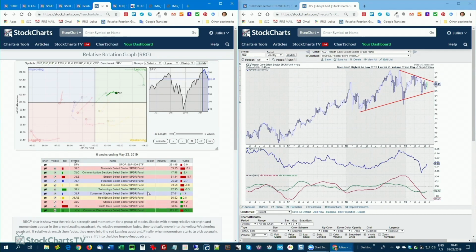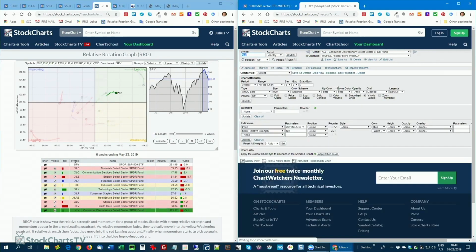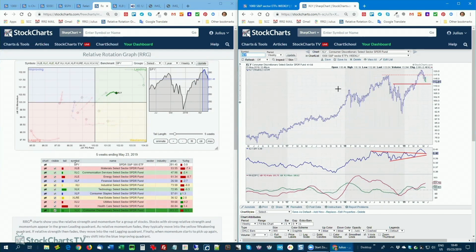And then finally, we got discretionary, which is the opposite of staples almost, but they're still moving in the same direction. What I see here, this was and still is probably a strong sector in terms of relative strength, because we are at a high reading.